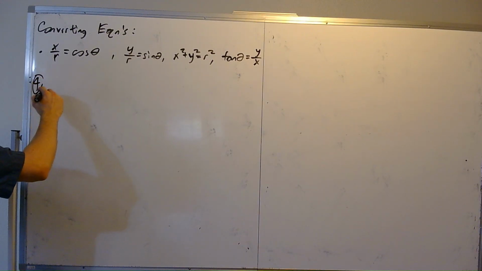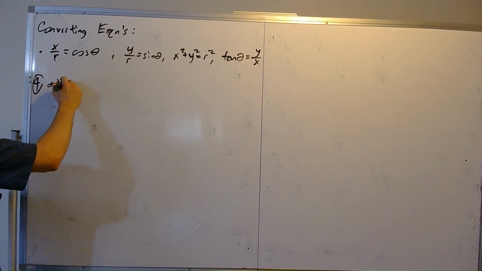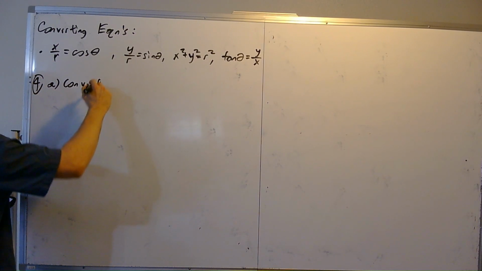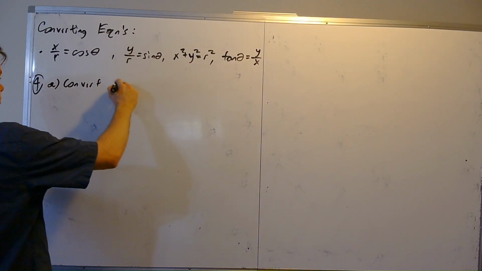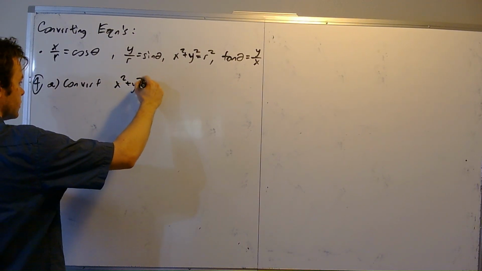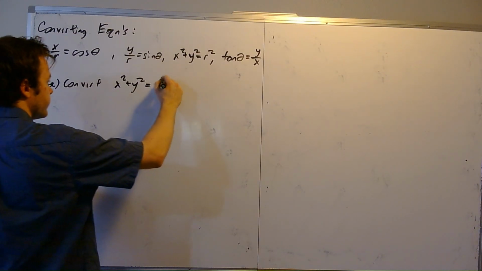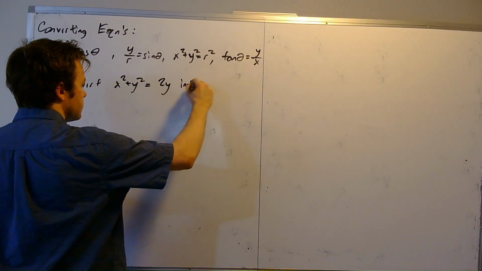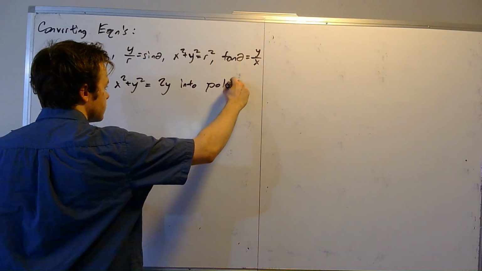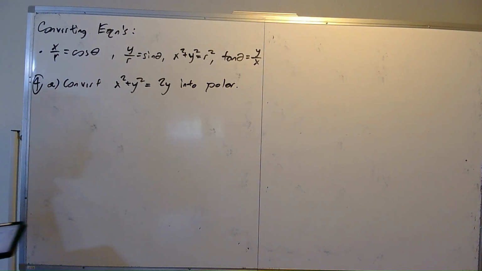Okay, so exercise number 4 is going to say convert the equation x squared plus y squared equals 2y into polar. Alright, so we need to get rid of the x's and the y's and start introducing r and theta.